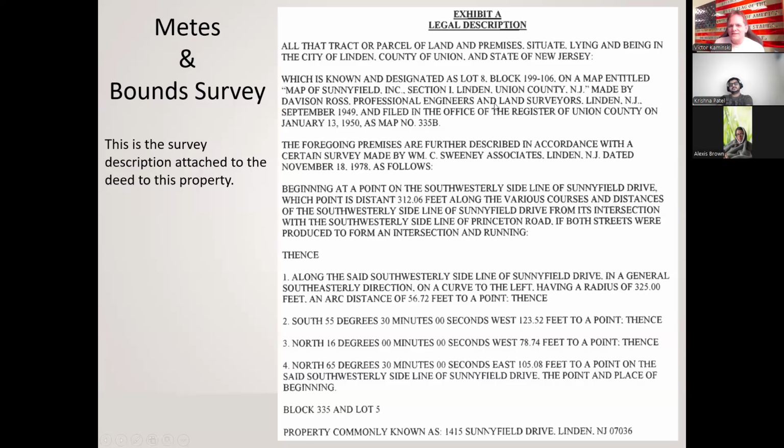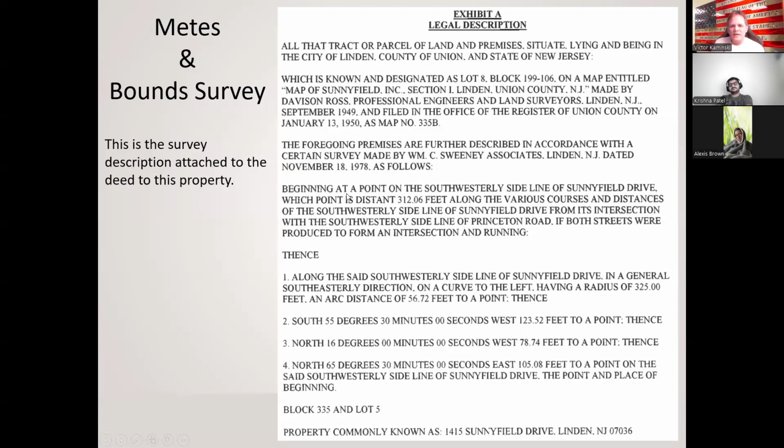So that's where you're talking about the map of Sunnyfield Incorporated, because the whole section of town that I'm in is called the Sunnyfield section of Linden, and that whole area used to be a golf course. So later on in 1978, when this particular property was bought, we had another survey done.